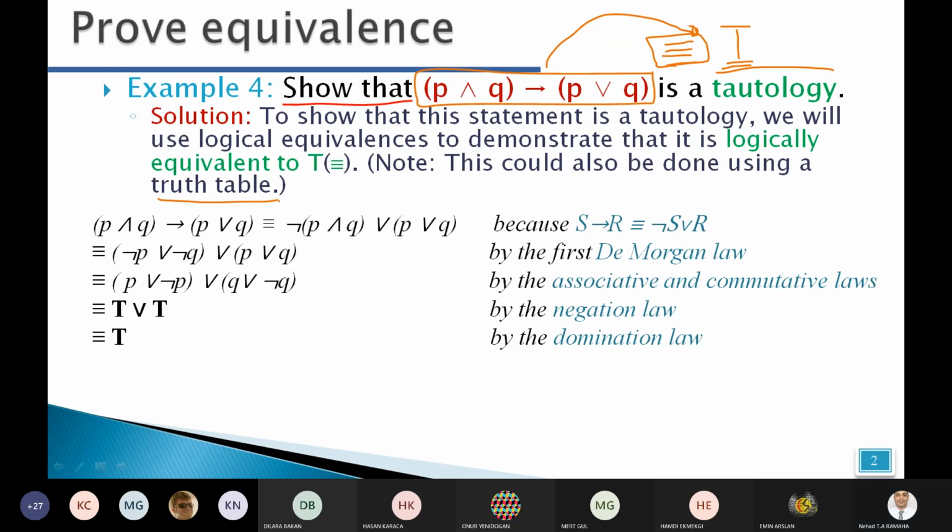If I did not ask you, then you are free to use a truth table or logical equivalence laws. So if it's not mentioned clearly, you are free to use either. So we will take one example using the laws and one example using the truth table. Okay, then we need to start from this part and reach true.